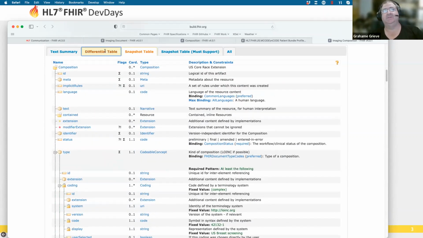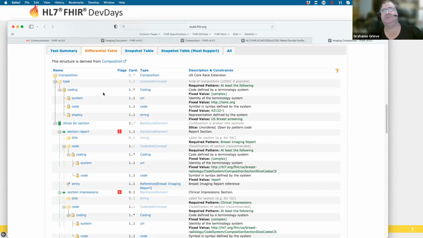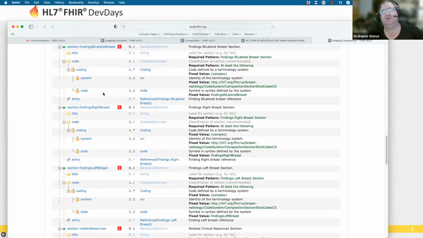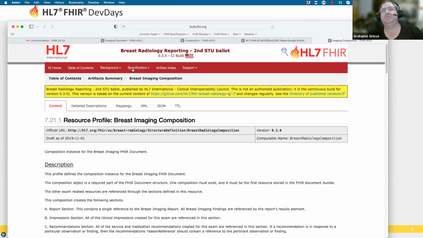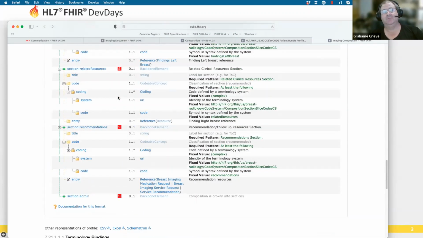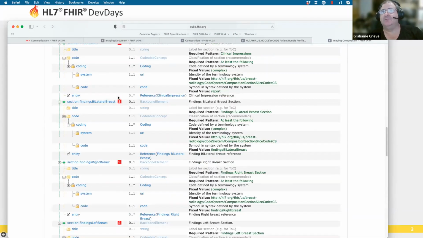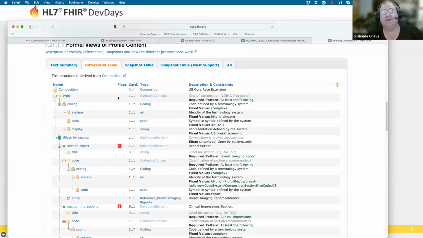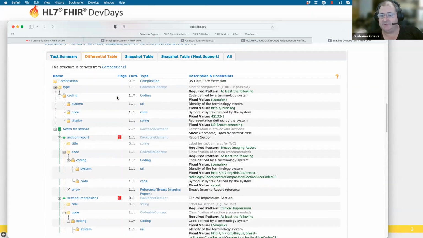Here's the differential for a composition profile from the breast radiology reporting resource. I couldn't find it when I was looking earlier a couple of hours ago, but these guys produced a differential that they posted to Julep a couple of years ago.